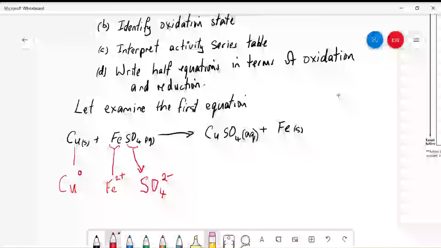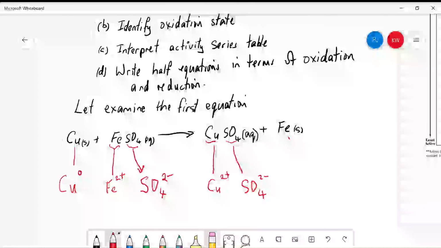So here we're going to look at this set here. Again, sulfate is SO4 with a 2-. We right away should be able to tell that the copper would also have a 2+. For the same principle, there is no net charge here, and since the charge is equal to 0, we must have these numbers add up to 0.